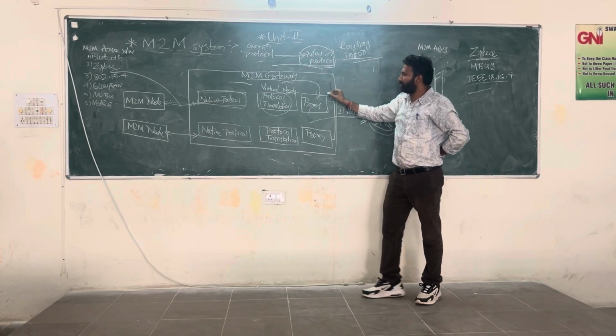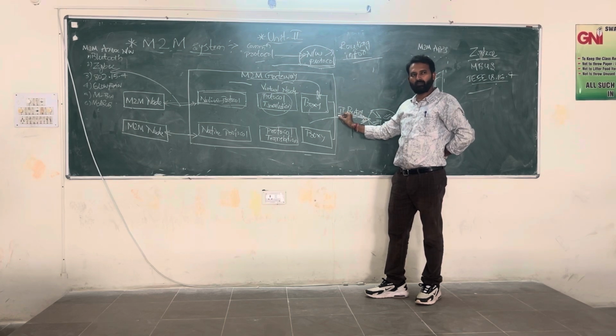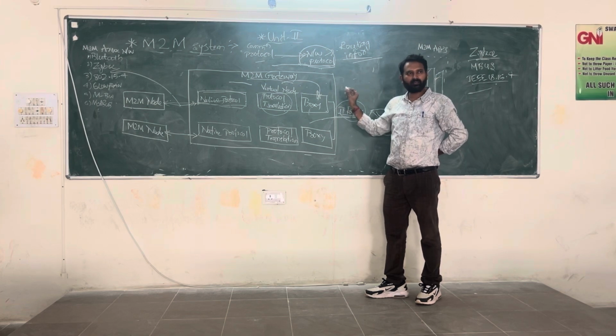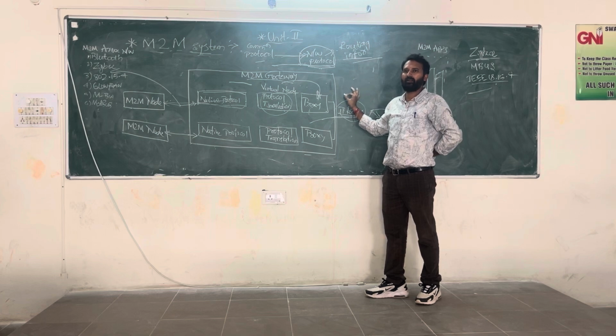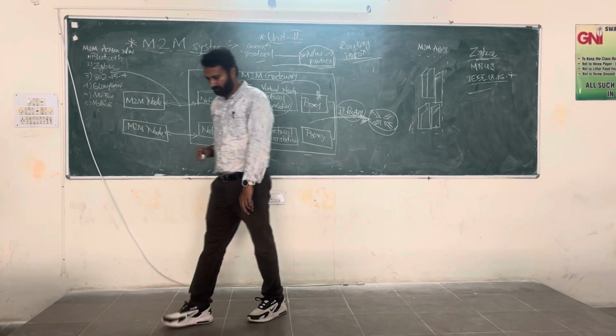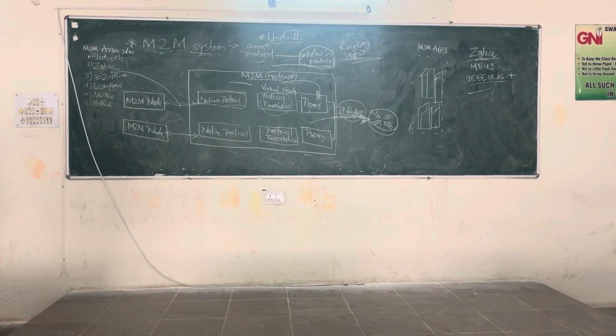Once it is done, it acts as a proxy to move IP routing, or to assign internet protocol addresses to the devices. Clear? So internally, your M2M gateway is responsible for that. I hope you understood. If you have any questions or queries, you can ask. Clear? What are the native protocols we have?